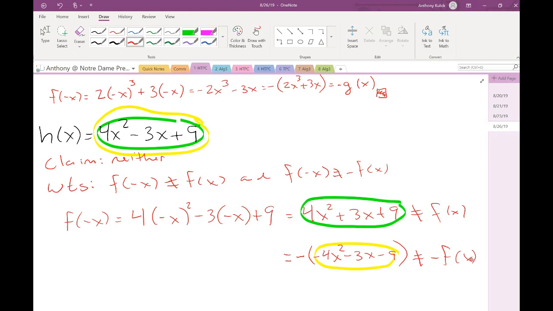Everybody agree with that? Now I'm done. Raul? Yes, absolutely. Questions about odd, even, neithers? Okay. Very good.